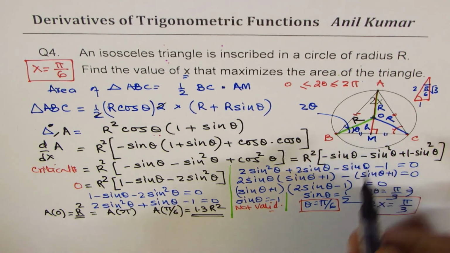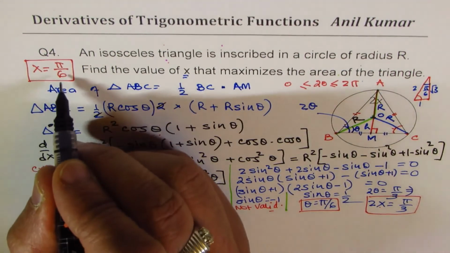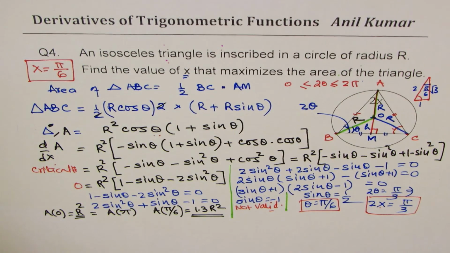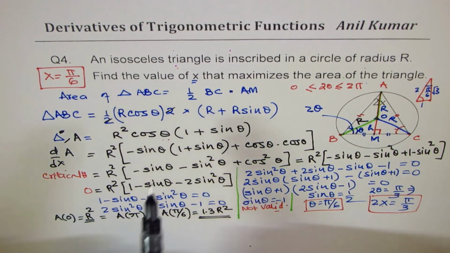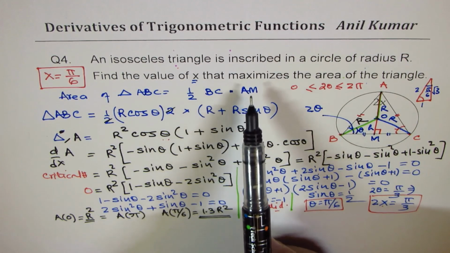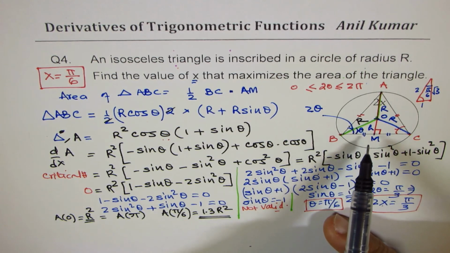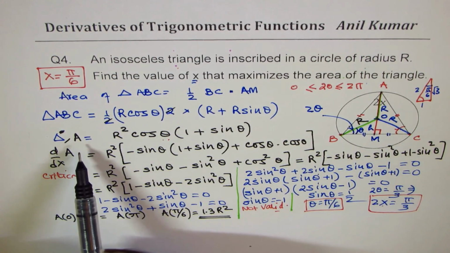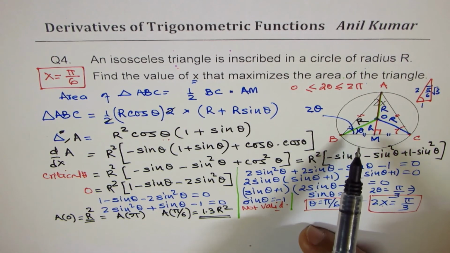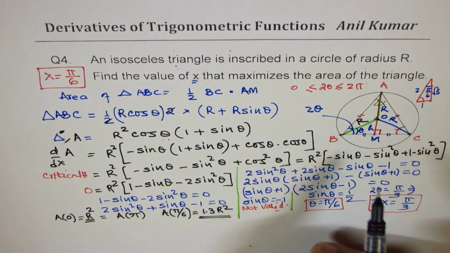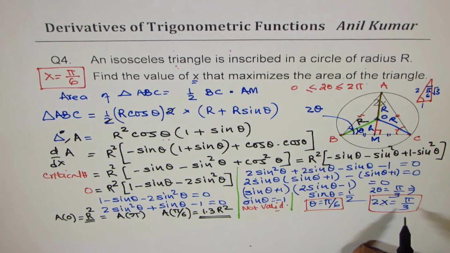Perfect. So since we take the total angle as 2x, x is pi by 6. Let us go through these steps once again in question number 4, when we want to prove that the inscribed triangle has maximum area. We find the first derivative and critical points. The critical point was theta equals pi by 6, or 2 theta equals pi by 3.